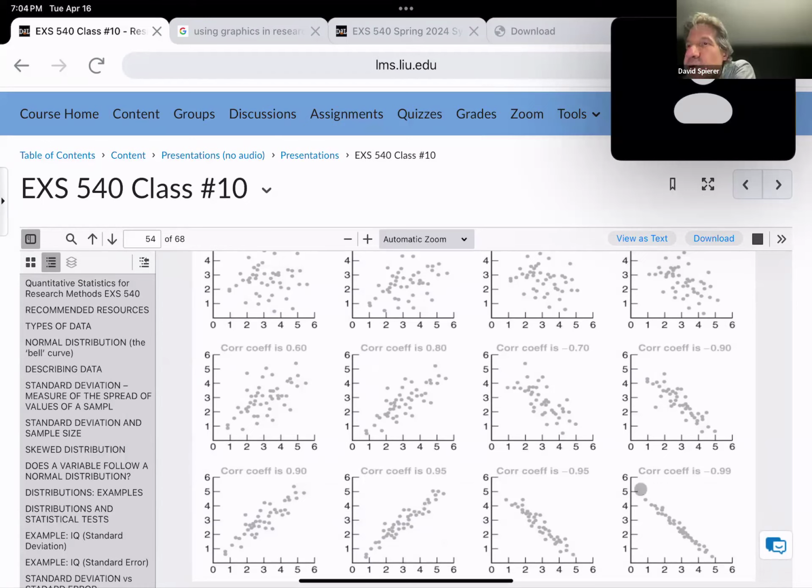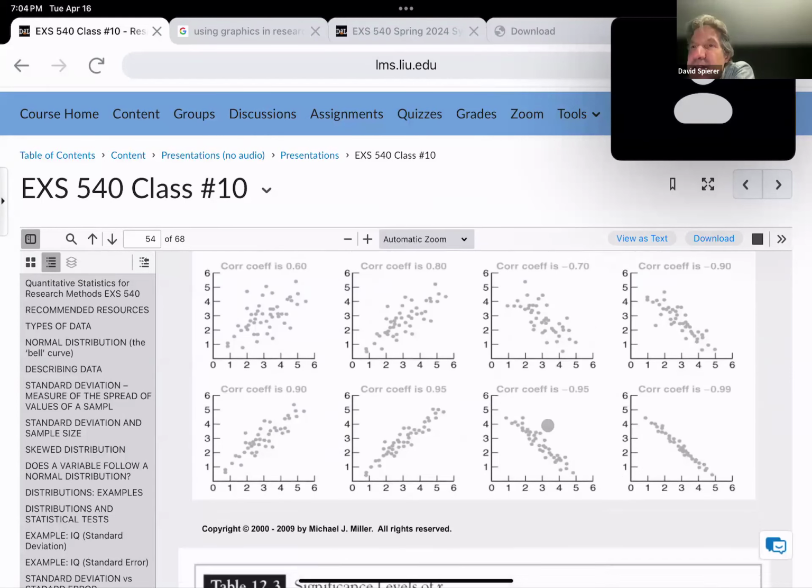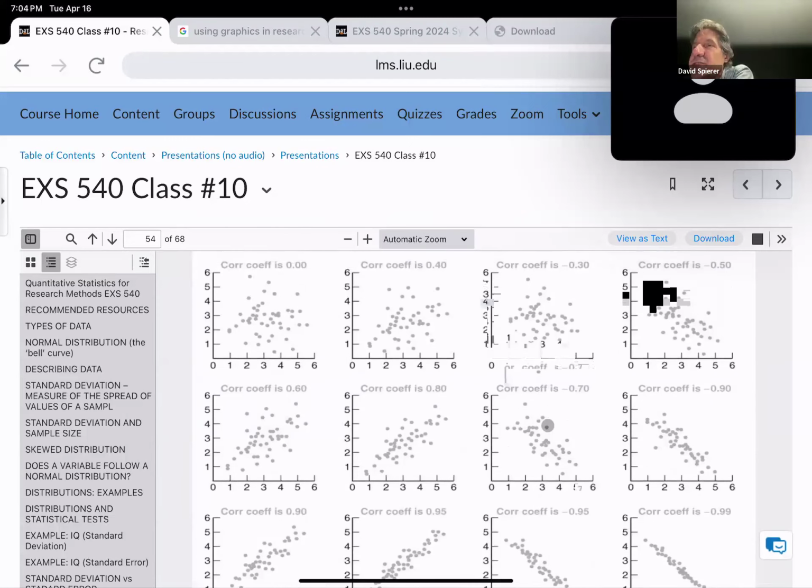And this is, of course, a negative 0.99, which is as close to 1 as you can get without being an exact relationship. Everything is right around the mean, and it is moving in the opposite direction. So these are just some examples. Again, this is available to you for your reference.